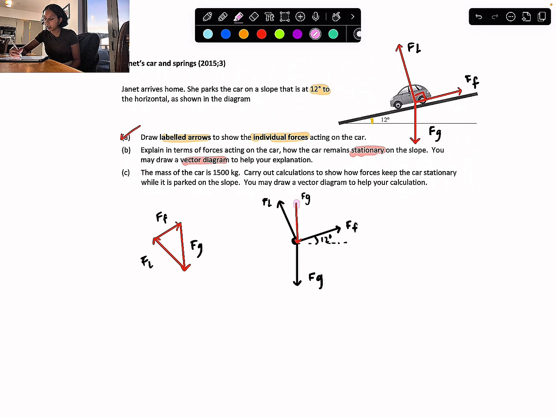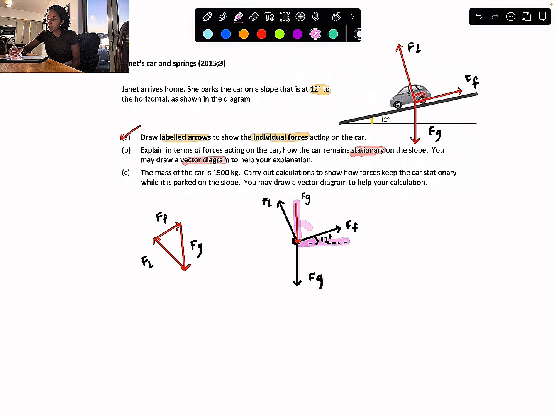So in between FG and my flat surface is a 90-degree angle, okay? So a part of this 90-degree angle is made up by the slope. How much of the slope makes up the 90-degree angle? Yep, 12 degrees. So out of the 90 degrees, 12 degrees of it is made up by the slope.